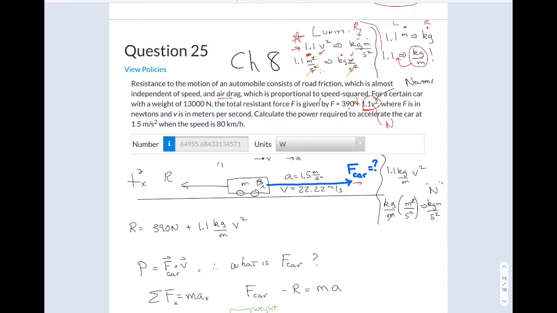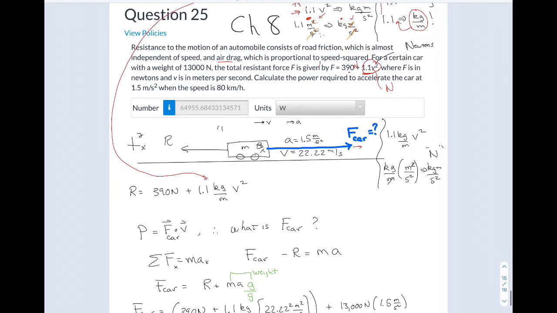That's what I put right there. So the function given really should have units: 390 has units of newtons and 1.1 has these units. If you stick in V in meters per second, you're going to get units of newtons.